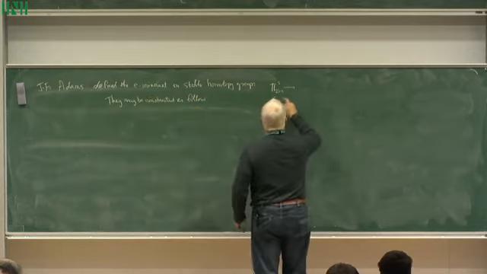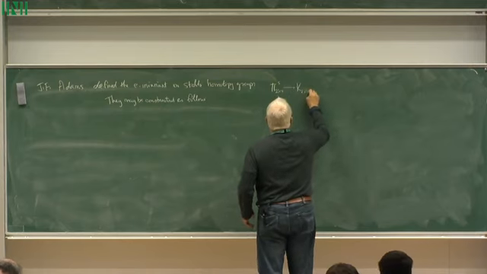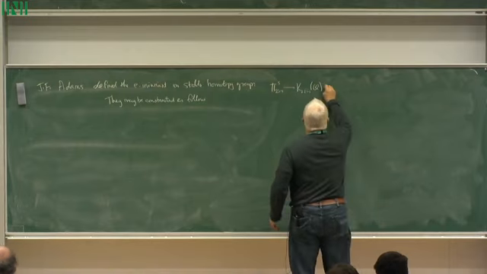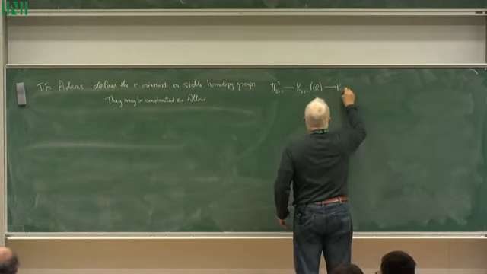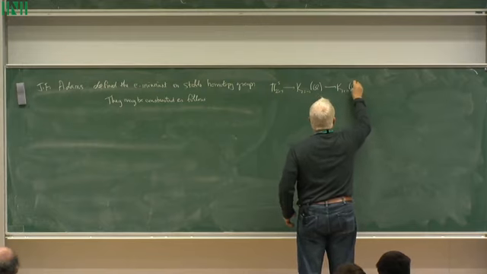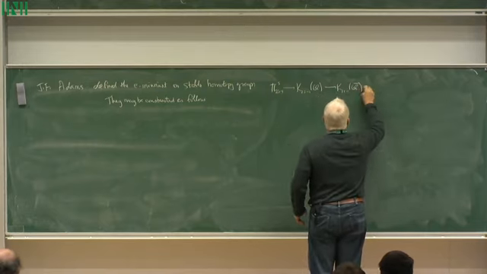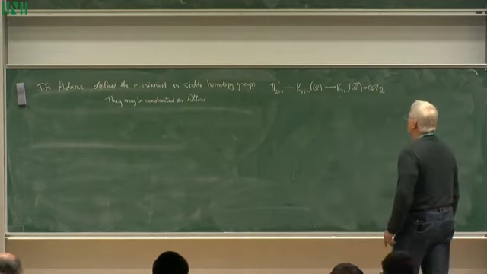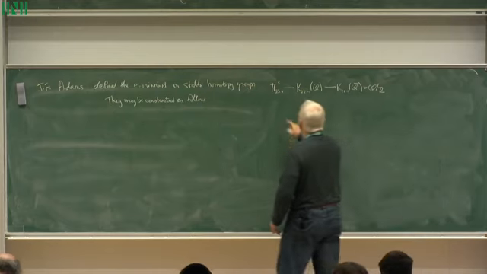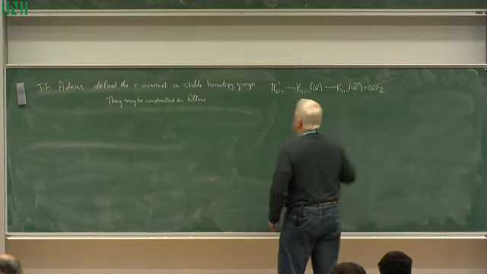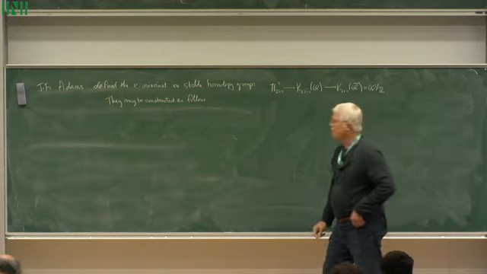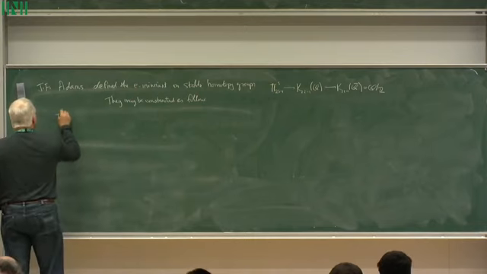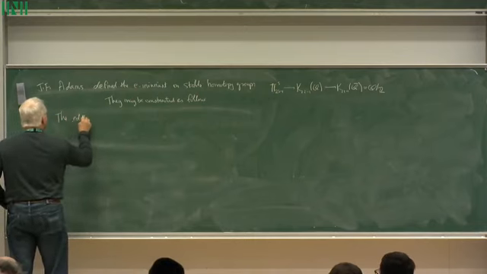So you take K pi i minus 1 and K 2i minus 1 of Q. And you map this to K 2i minus 1 of Q bar, which is isomorphic to Q mod Z. And so the image of this map from here to here is the E invariant that Frank Adams defined. So what we call the E invariant is just the edge map.